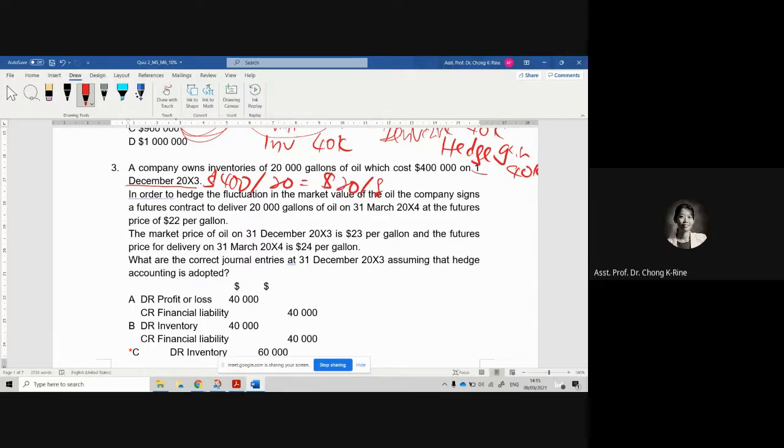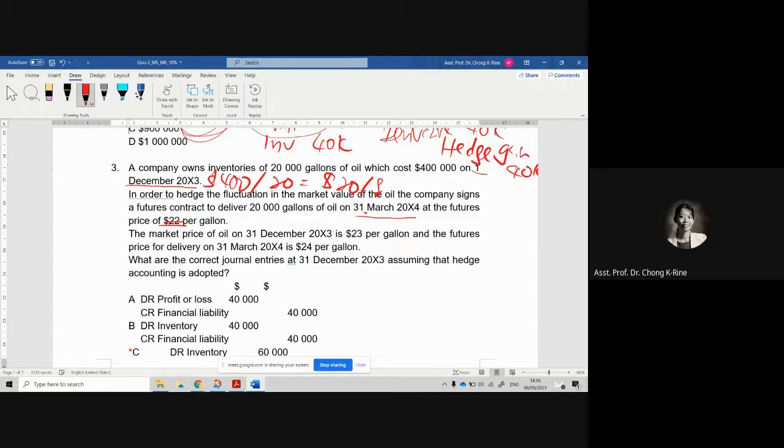We want to hedge the fluctuation of the market value of the oil. We sign a futures contract to deliver 20,000 gallons of oil on 31st of March 2000X4 at the future price of $22 per gallon. So we enter into the derivative on 1st of December, and the maturity date is 31st of March.